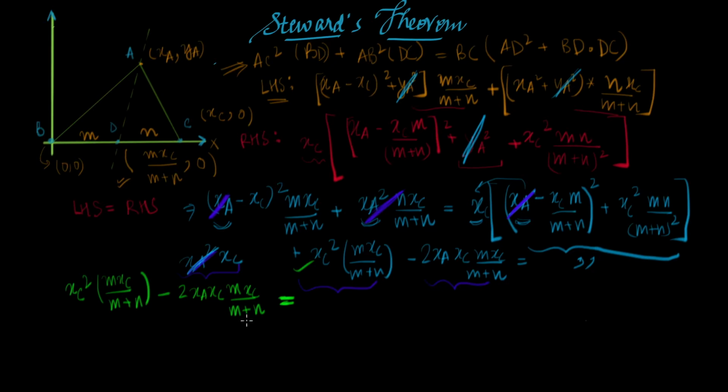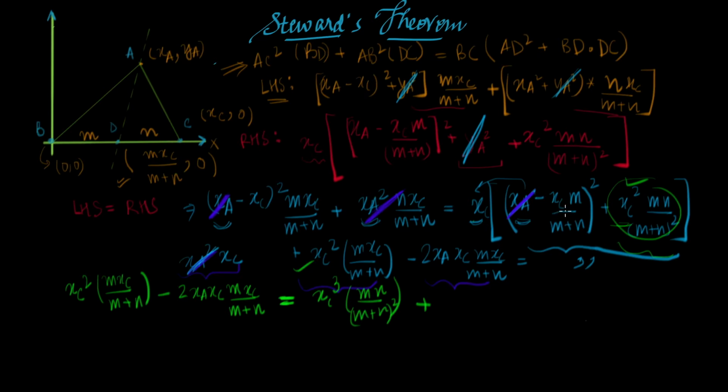let us expand this out. So the first term is this term. Let us write that down quickly. That is xc whole cube, because you have an xc square here and xc outside, so that gives you an xc whole cube times mn upon m plus n whole square. Okay, so we have taken care of this term. Let us expand this term without the xa squared term and multiply an xc to that.